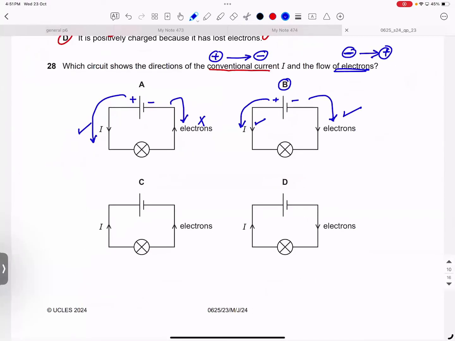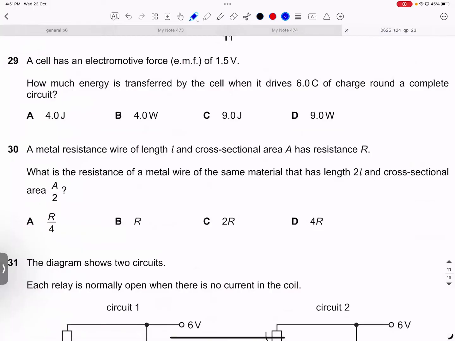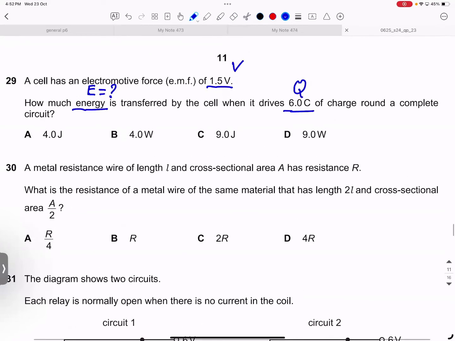Question number 29. A cell has EMF of 1.5 volt. Underline this and give a symbol V. The voltage, EMF, or potential difference, their symbol is V. How much energy, underline energy, symbol is E, does it drive this charge, charge is Q, around the circuit.